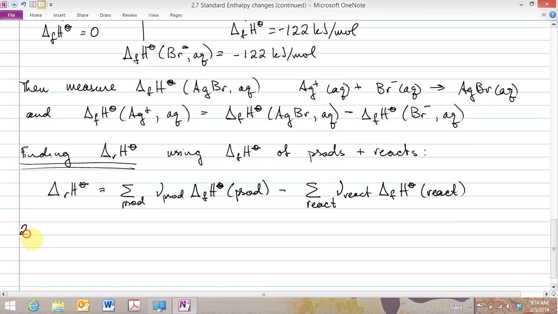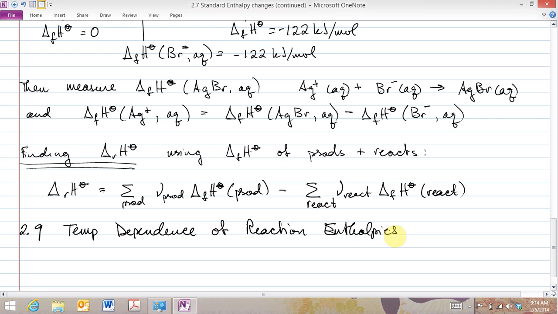And finally today, we're going to talk about the temperature dependence of reaction enthalpies. Okay, what if you want to know what the standard reaction enthalpy is of a chemical reaction, but at a different temperature?